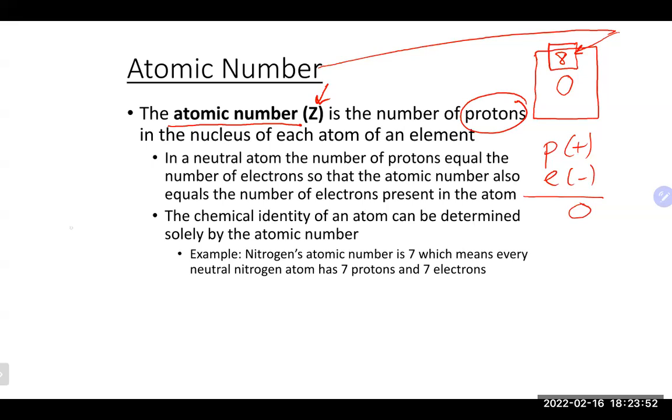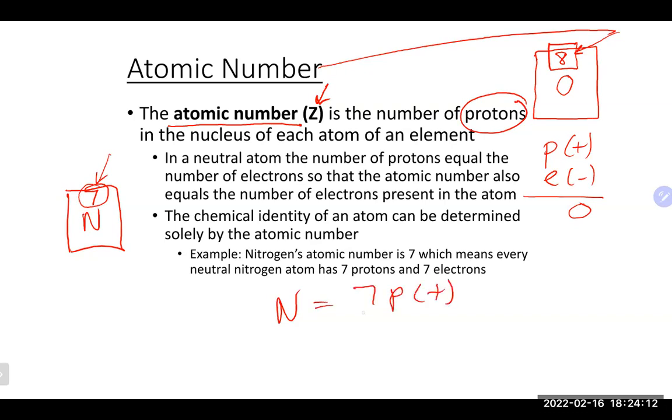If we look on the periodic table there for nitrogen, nitrogen has a 7 above it. That means the atomic number for nitrogen is 7. If we have a neutral nitrogen atom, it would have 7 protons, which are positively charged.